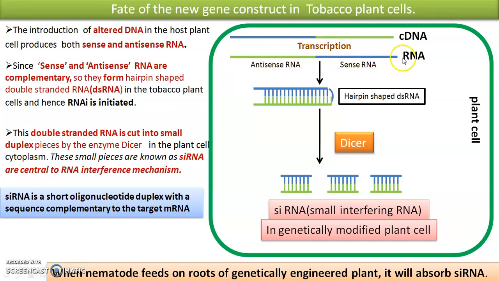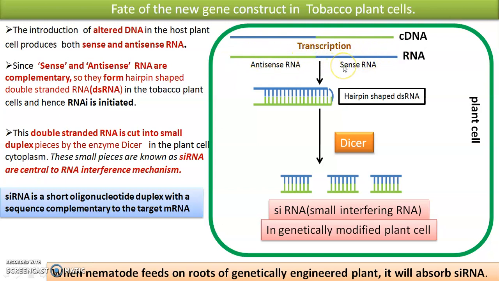The mRNA will be such that it has both the coding region and the template region. So you have RNA which has antisense RNA and sense RNA. Because these two strands are complementary to each other, the gene coding, because we have inverted it, is definitely complementary.